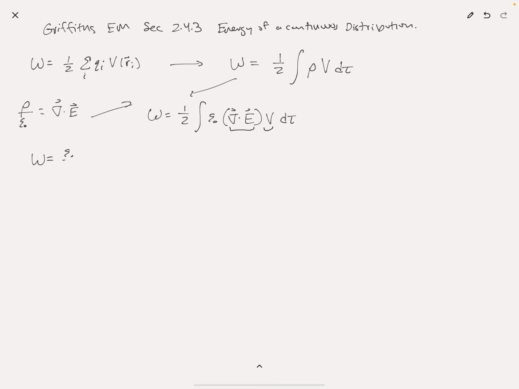That's epsilon naught over 2 times minus the integral of E dot gradient of V d tau, plus another integral, a surface integral of V E dA.